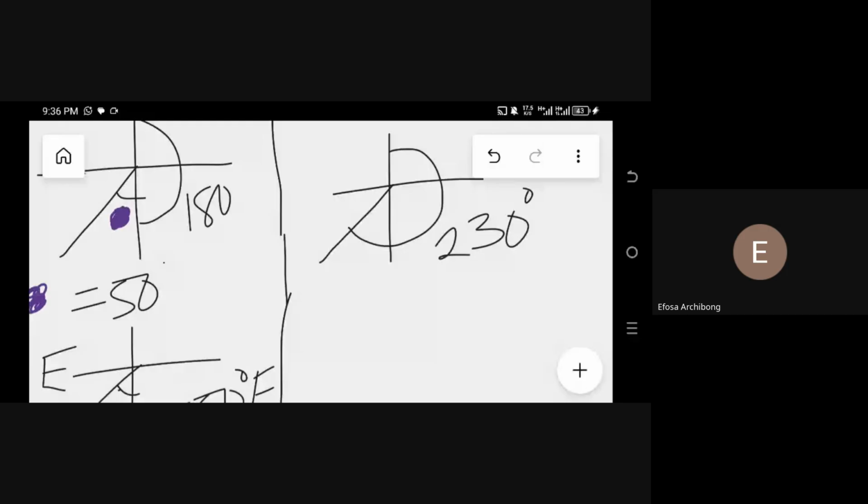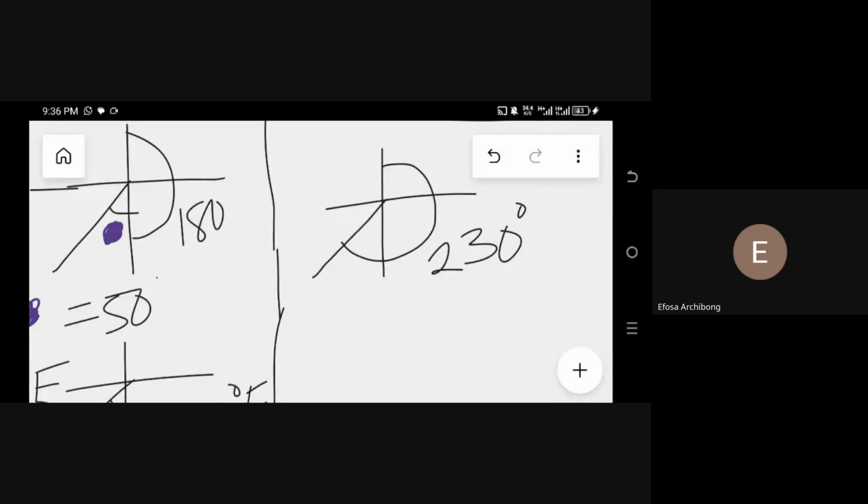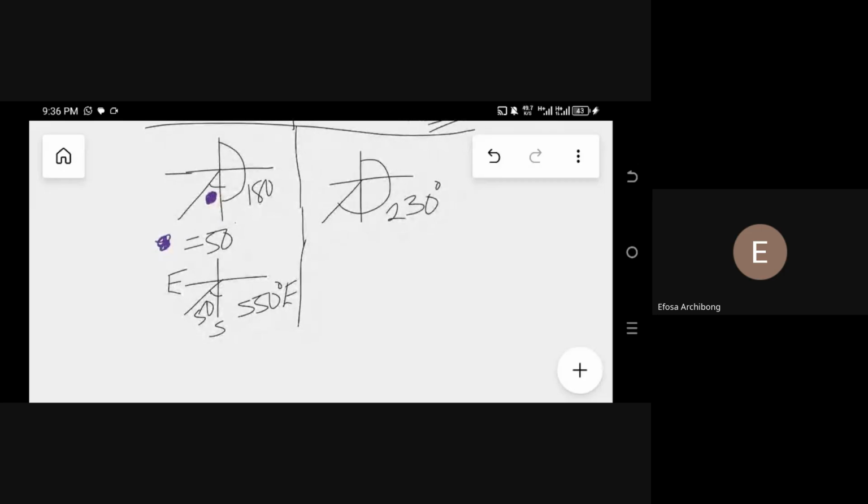So south 50 degrees east is the compass bearing for 230 degrees, which is a three-digit bearing. Therefore, when we convert 230 degrees, a three-digit bearing, to a compass bearing, the answer becomes south 50 degrees east. Why? Because from the north to the south is 180, meaning the remaining small place marked purple must be 50.